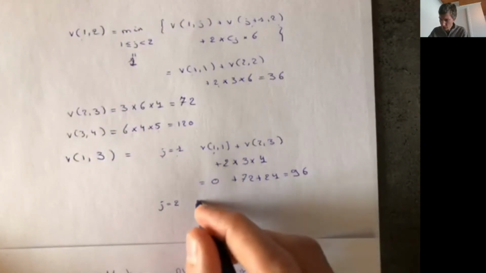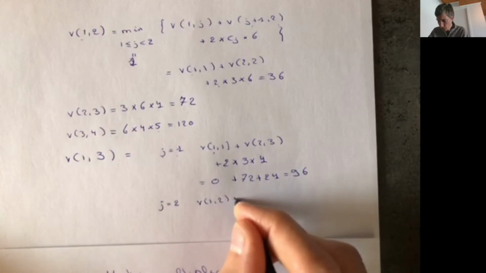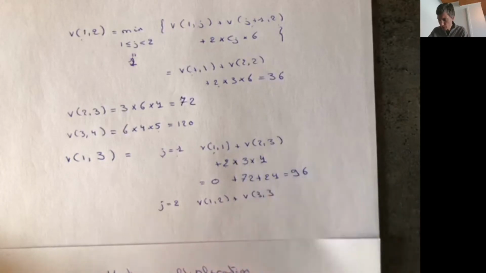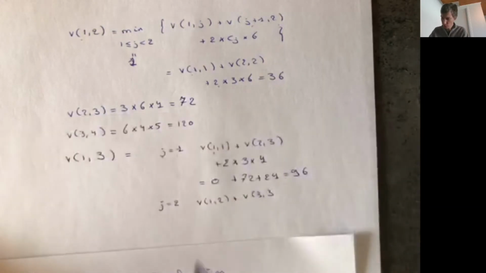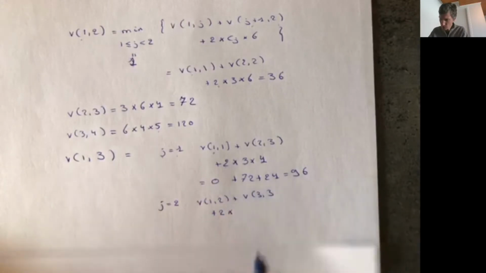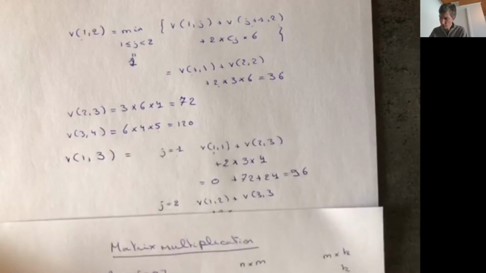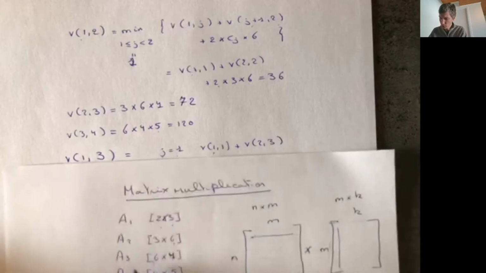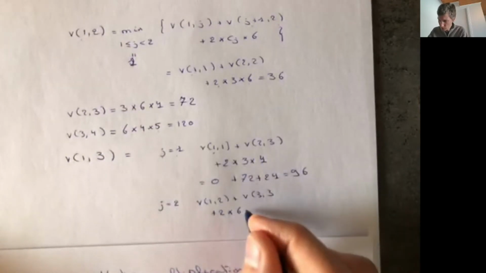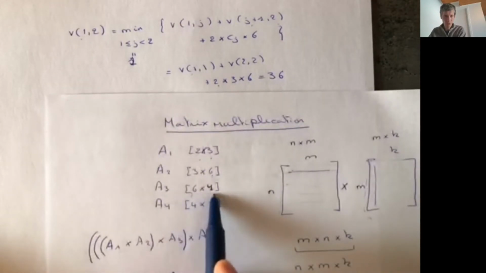Of course J could also be equal to 2. In this case this is equal to V1,2 plus V3,3 plus the number of rows of matrix 1, which is 2, times the number of columns of matrix 2, which is 6, times the number of columns of matrix 3, which is 4.